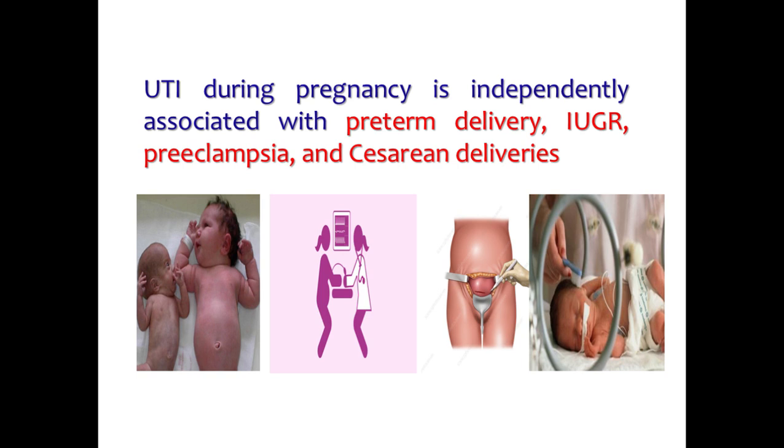Urinary tract infection, independently, is associated with preterm delivery, intrauterine growth restriction, preeclampsia, and an increased rate of cesarean delivery. So it's an important obstetric item and must be treated precisely to prevent these complications.